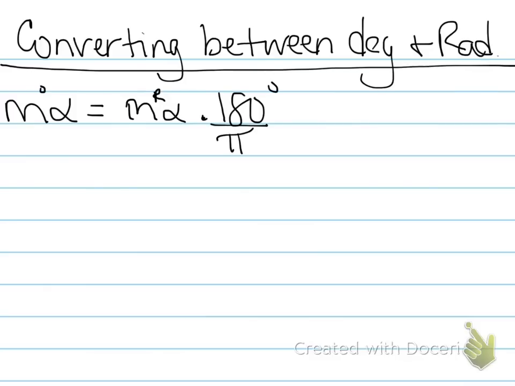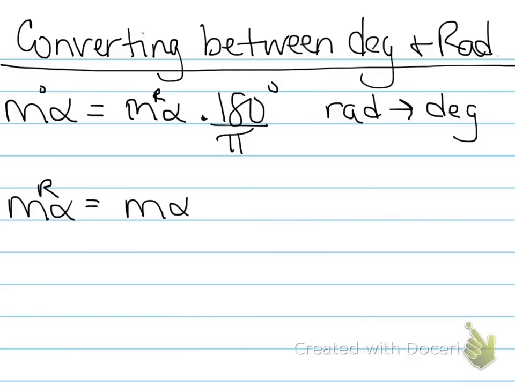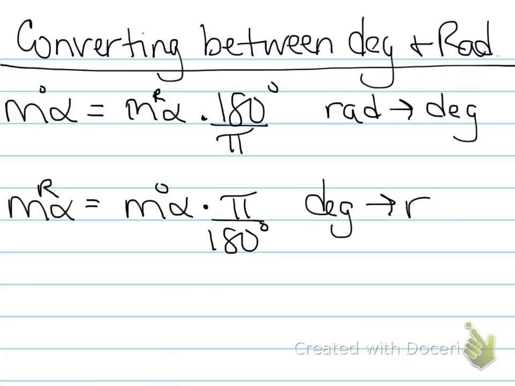It's like unit cancellation. This is going from radians to degrees. And if we want radians, then take your degrees and multiply that by pi over 180. And this is going from degrees to radians.